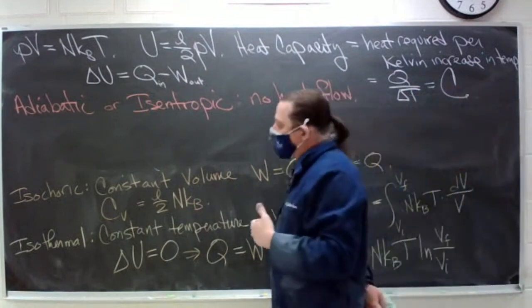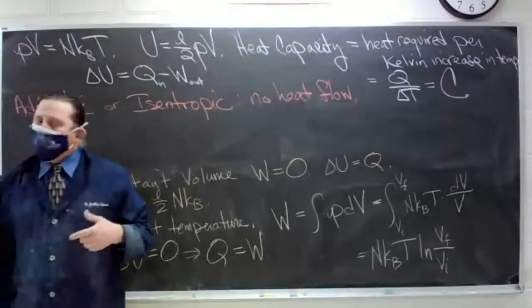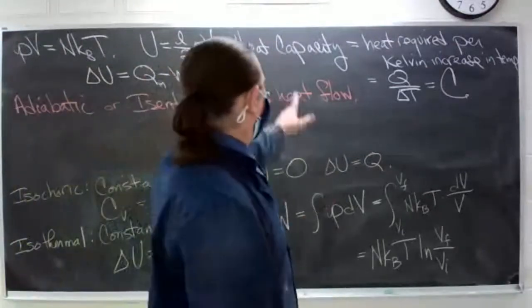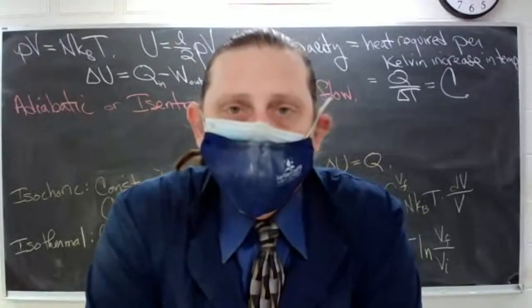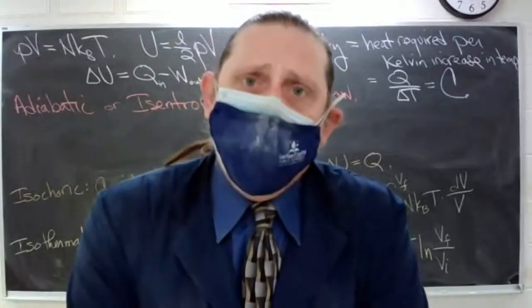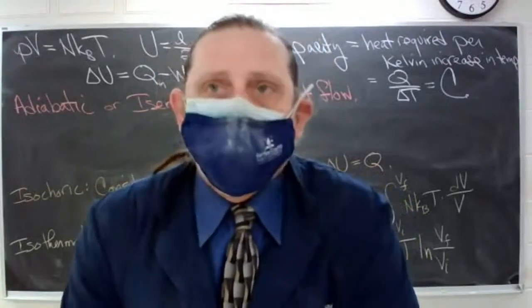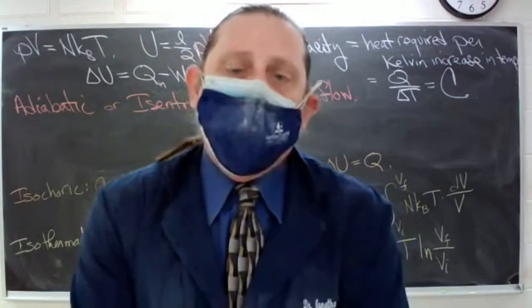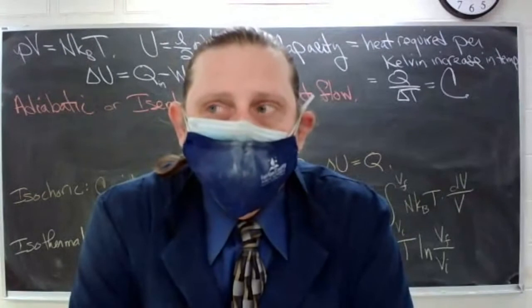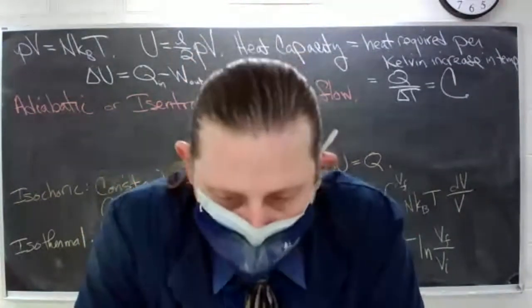So in this case, once again, it doesn't make any sense to ask for the heat capacity. How much heat do you need at no heat? I mean, no heat. It doesn't even make any sense to ask. Why would you even define that quantity? There's no heat.